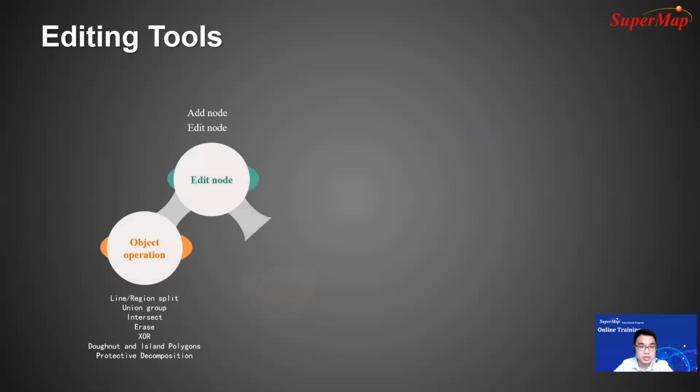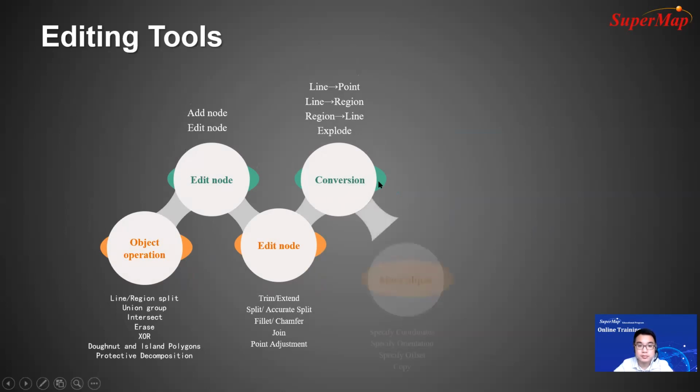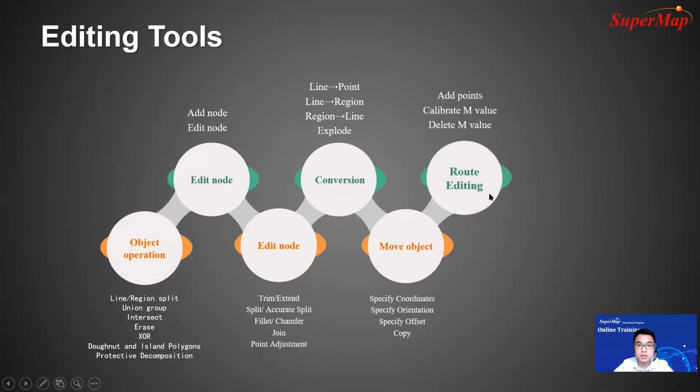And for the editing, as we mentioned, we can edit the object, edit the node, and we also have some data conversion functions. We can also move the object with our mouse and edit the rotation, and also change the scale and do the mirror.